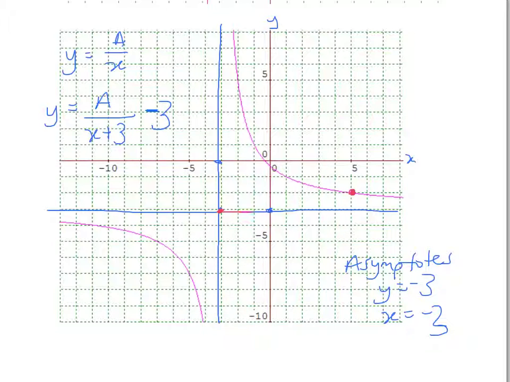It's moved 1, 2, 3, 4, 5, 6, 7, 8 across, and 1. 8 times 1 is 8, so a is 8. So our new graph will be y equals 8 over x plus 3, take away 3. And that's our hyperbolas. Thank you.